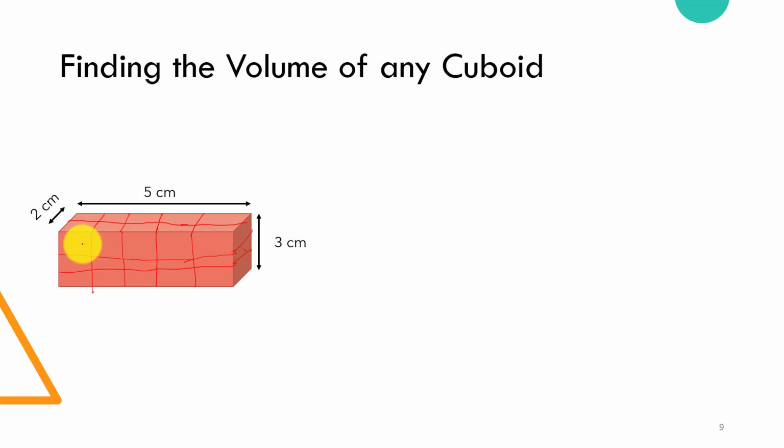So we are basically constructing smaller unit cubes here. All these unit cubes have 1 centimeter by 1 centimeter of height and breadth, right? Now if I ask you how many unit cubes we have here, in the first layer we have 5 unit cubes, and we have a total of 2 layers, that means 5 into 2, that means 10 unit cubes.